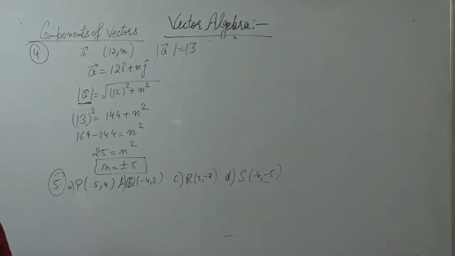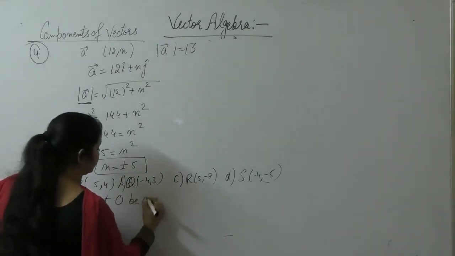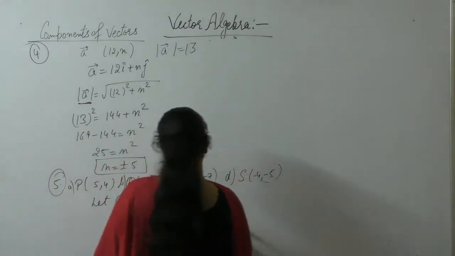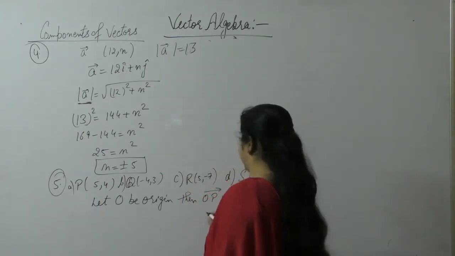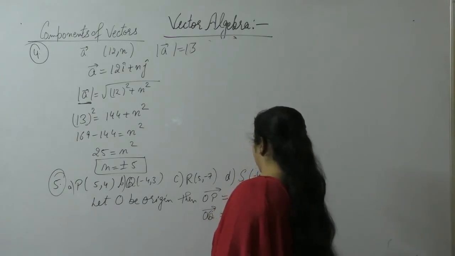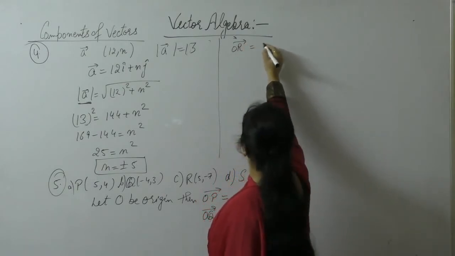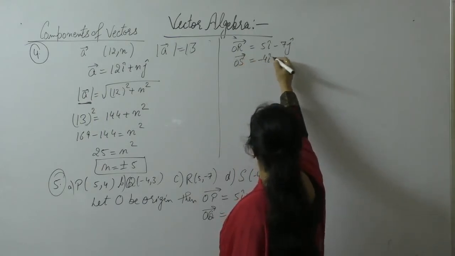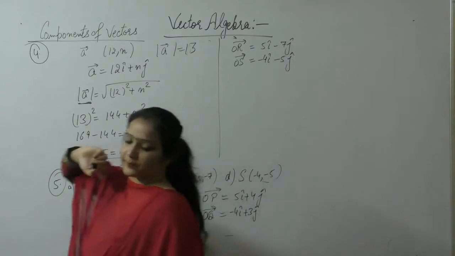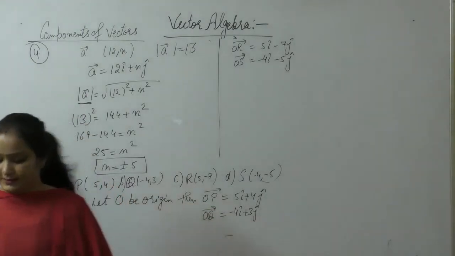Let O be the origin, then OP vector is equal to 5i plus 4j, OQ vector is equal to -4i plus 3j, OR vector is equal to 5i minus 7j, OS vector is equal to -4i minus 5j. Let O be the origin and the position vector of point P, then OP is equal to this.